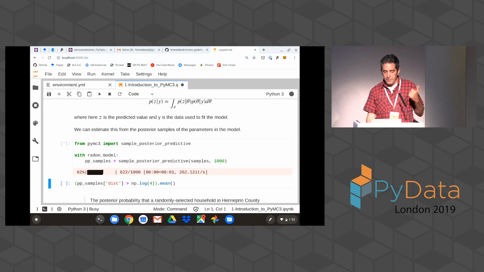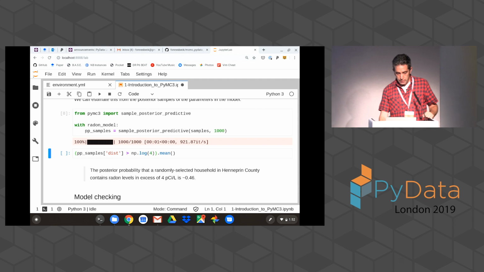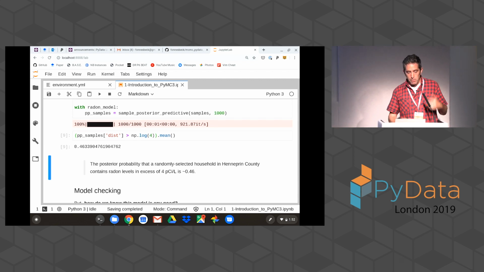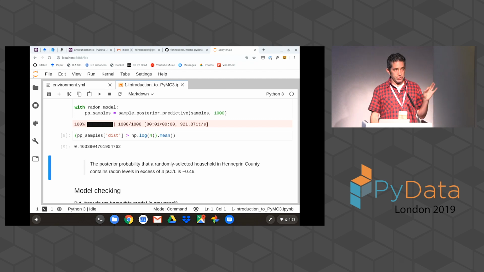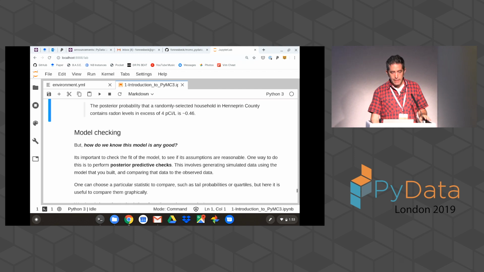So I'm going to draw 1,000 samples, and the probability that a given household will have a value greater than 4 will be 0.46, which is much bigger than 0.16, right? So 2 different questions: is the mean greater than 4, or 1.39, and what's the probability my house will have contamination? Okay, all right, that's the idea.